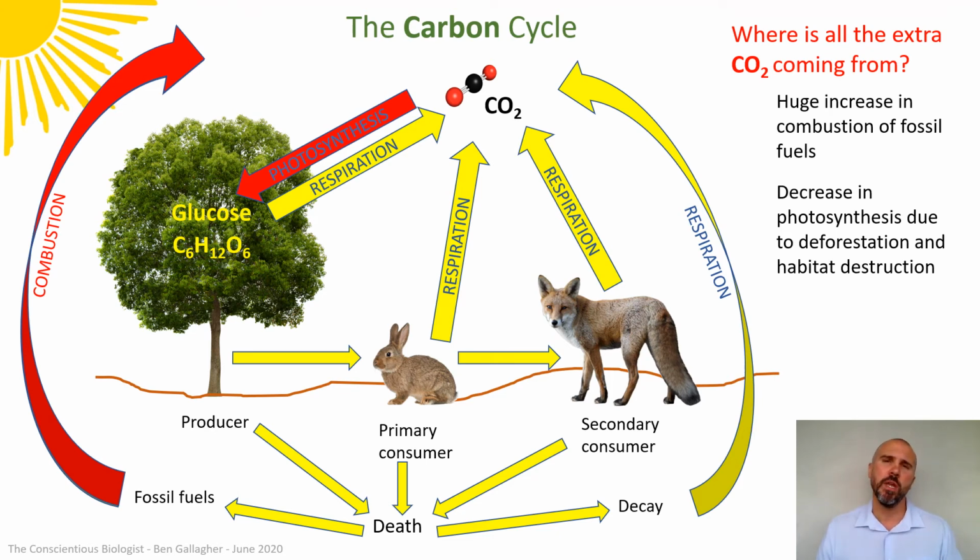We can't keep doing that, because those forests do a huge percentage of the photosynthesis, of removing the carbon dioxide from the atmosphere. Look at this picture. There's only one arrow going down. There's only one arrow removing the carbon dioxide, and that's the photosynthesis one. And we're dramatically reducing that one.